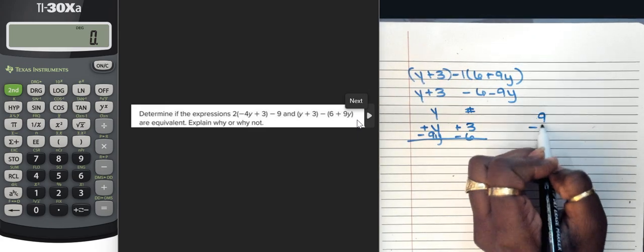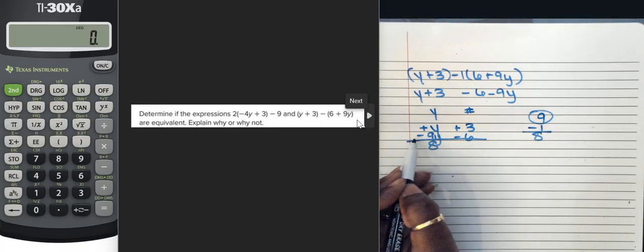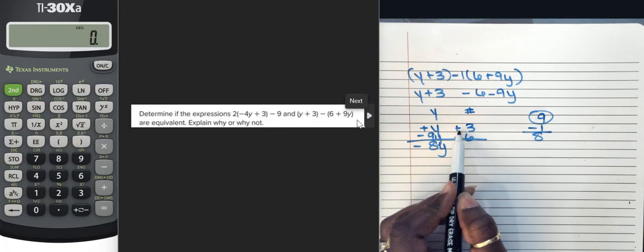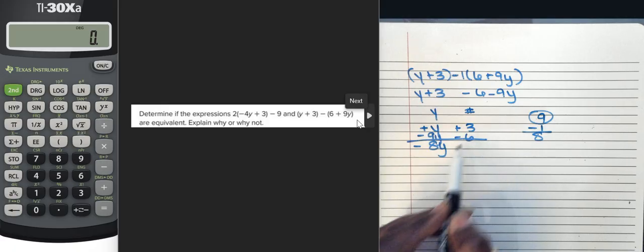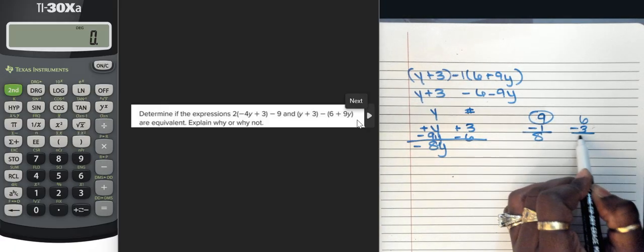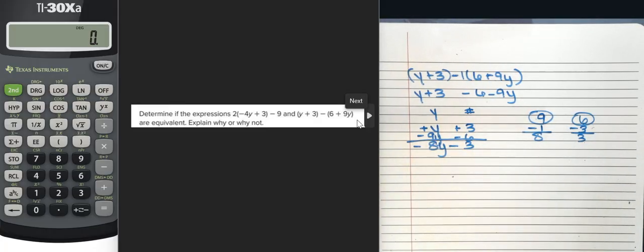So that's the same thing as saying 9 minus 1. That gives me 8. Look at your larger number, which is the 9. It's a negative, so this needs to be a negative. So that's negative 8y. And then here we have a positive 3, negative 6, going in the opposite direction. So again, you're using subtraction. So that's the same thing as 6 minus 3. Our larger number 6 is negative, so that's going to be a negative.